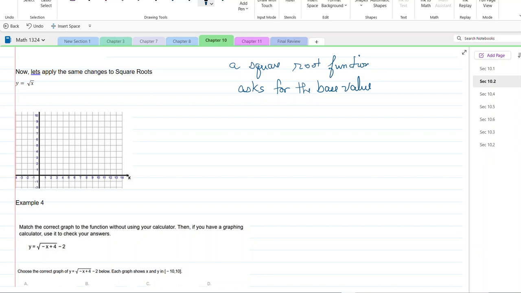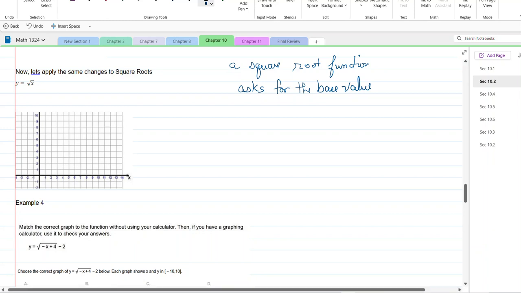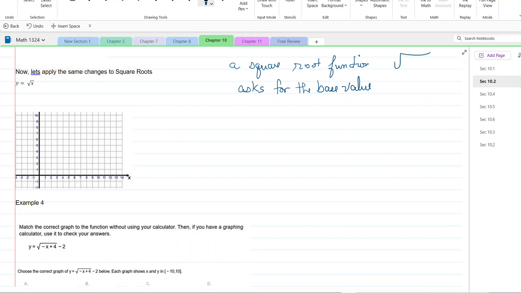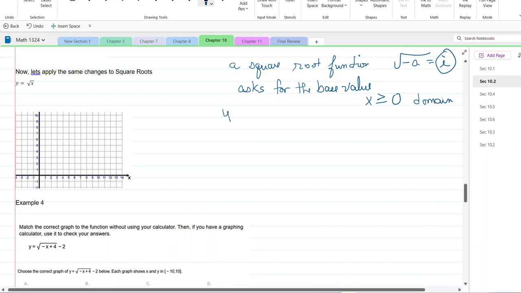Now, we have to understand certain things about this concept. In this concept, we cannot take the square root of a negative value. It is an i, but we're not talking about imaginary, we're talking about real numbers. So we understand that x has to be greater than or equal to 0 as a domain, cannot be negative within it, because we have y equals the square root of x.